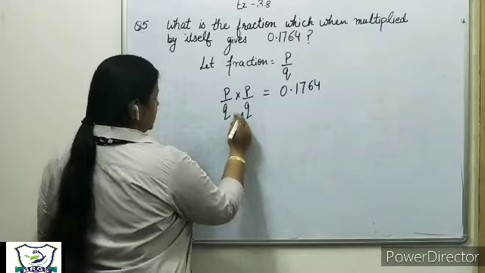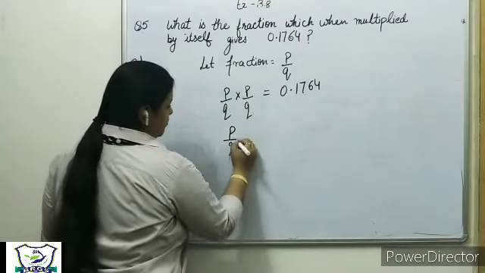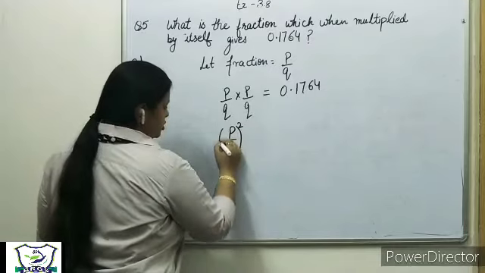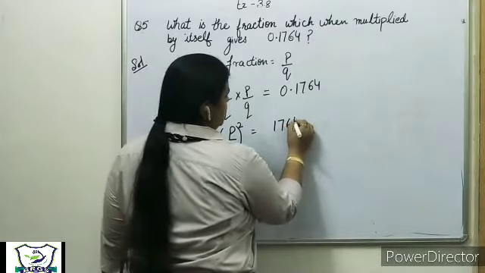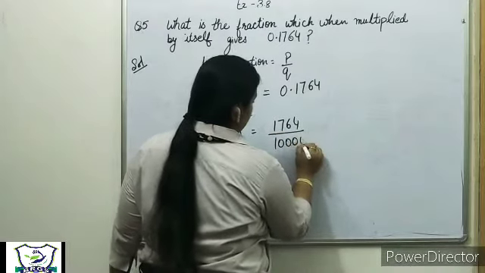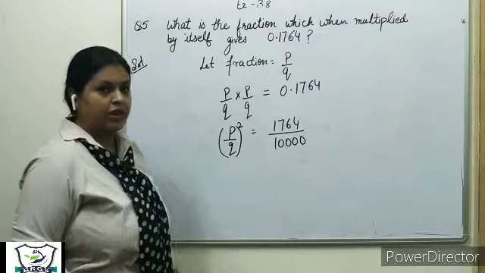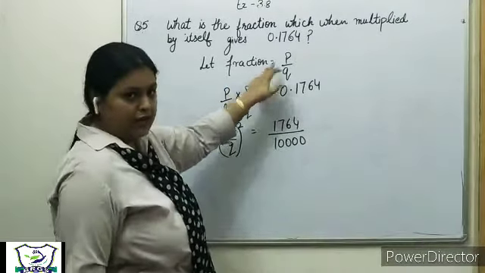Convert it into a fraction. Now p by q into p by q is (p by q) squared, equal to 1764 divided by 10,000, converting it into a fraction. We have to calculate the fraction, we have to calculate p by q.